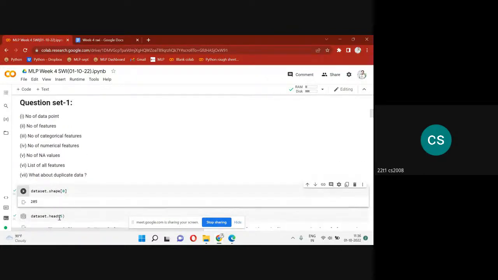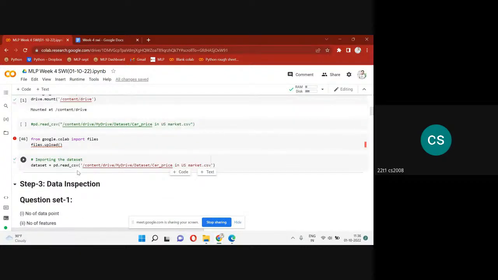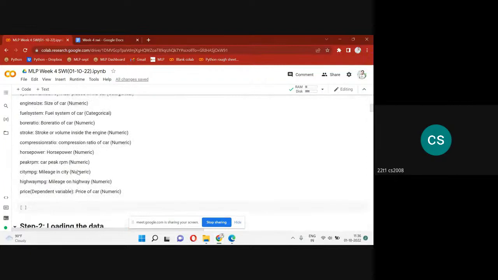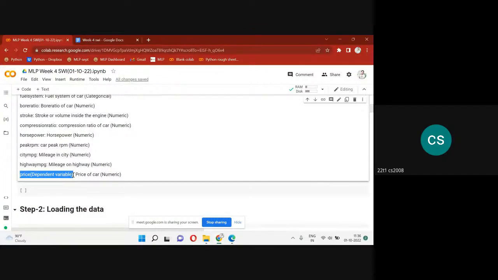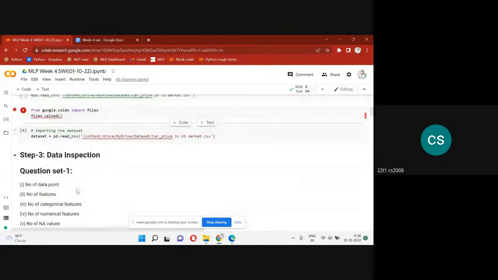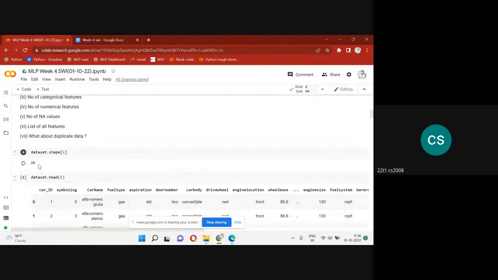To check how many features are there, you can use 1 here. It will give you the number of columns. But here we have mentioned that price is the dependent variable, so I have already said this is your target variable. So this is not a feature. Did you get it? Based on that, you can say you have 25 features.